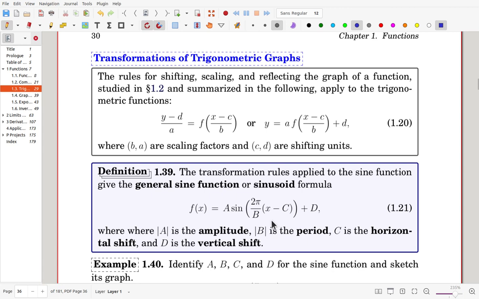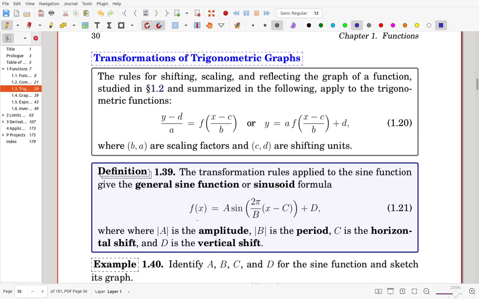You already know that once you are shifting in the horizontal direction, then instead of x, you are putting x minus c, which means that it is moved in the horizontal direction by c. And also here, plus d, that one can be moved to the left-hand side, so that is the same as y minus d.